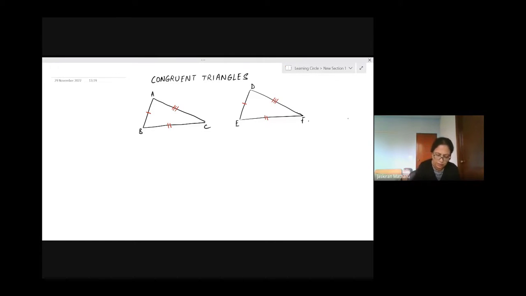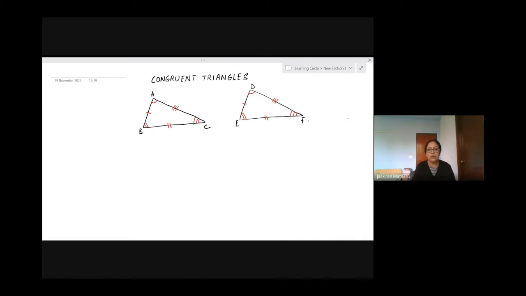Not only that, angle A is equal to angle D, angle B is equal to angle E, and angle C is equal to angle F. So if the corresponding sides are equal in length and the corresponding angles are equal in measure, the triangles are exactly the same in shape and size, and they are said to be congruent triangles.